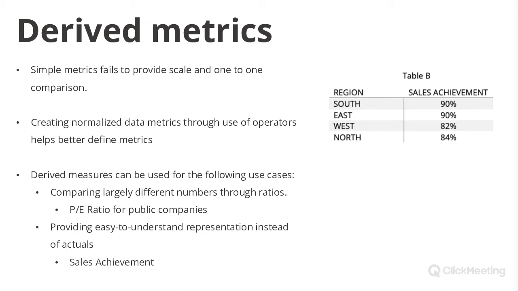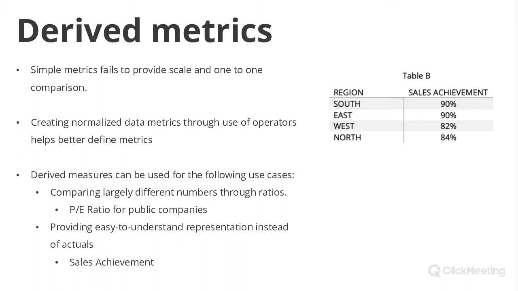So taking from the same number, instead of displaying sales and target, is there a better metric that we can display, which tells you a consistent story across different departments, and which also allows me to compare one department against the other? In this case, it could be the sales achievement. I can see, irrespective of the region, south, east, west, or north, everyone has a sales achievement. So no matter what their target is, South could have 1 billion and West could have 1 million.